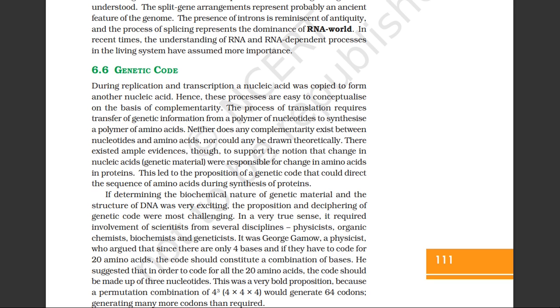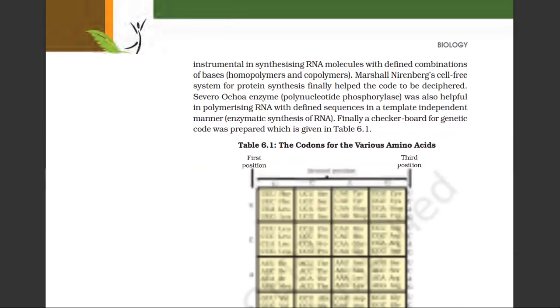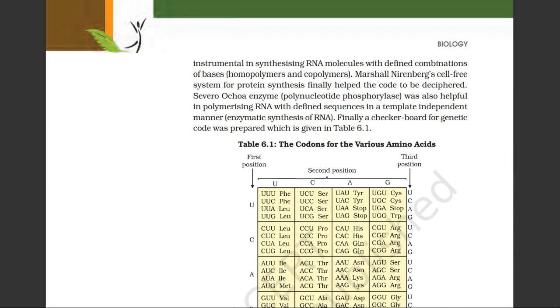nucleotides. This was a very bold proposition, because a permutation combination of 4^3, 4 times 4 times 4, would generate 64 codons, generating many more codons than required. Providing proof that the codon was a triplet was a more daunting task. The chemical method developed by Har Gobind Khorana was instrumental in synthesizing RNA molecules with defined combinations of bases, homopolymers and copolymers.